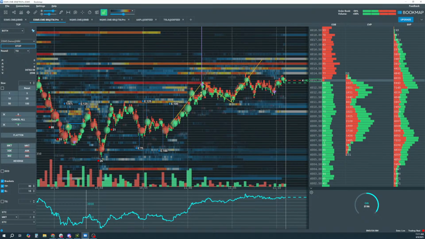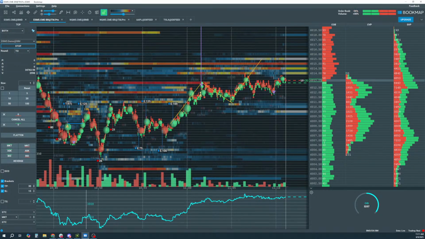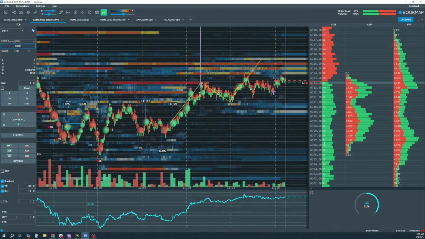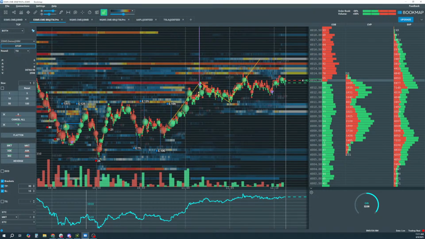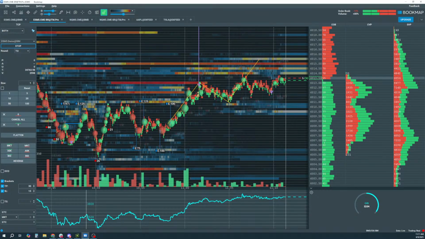There's something on crypto already that's similar to stops. Very, very similar. I think it's even better, and that is the liquidation indicator. What it shows is where not just stops are being transacted.